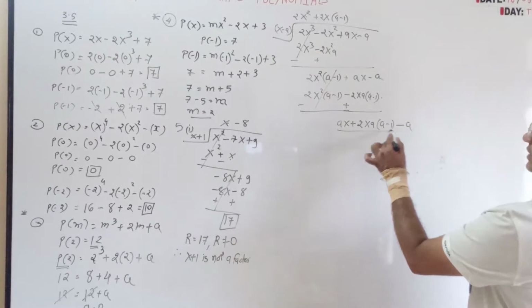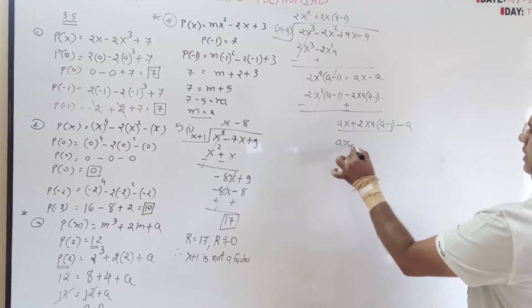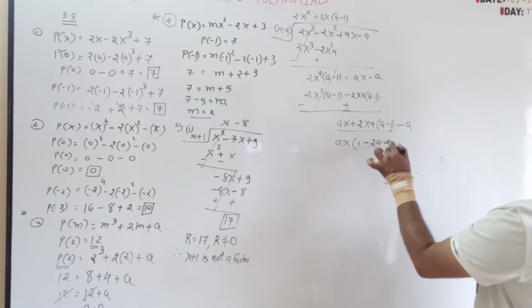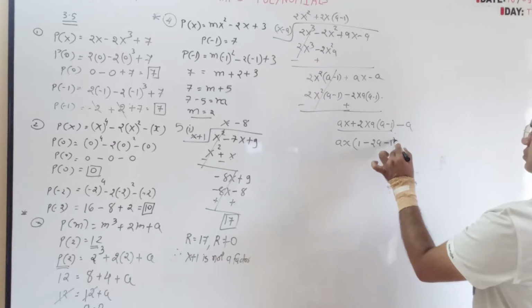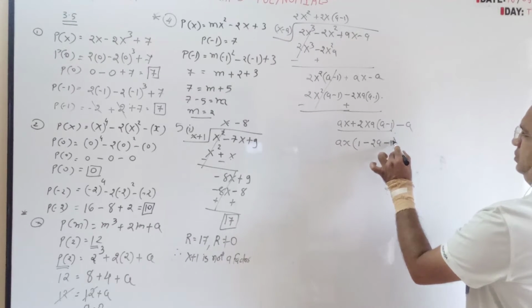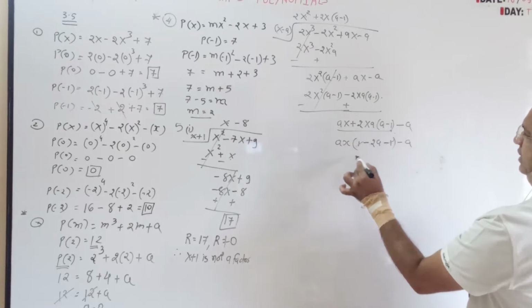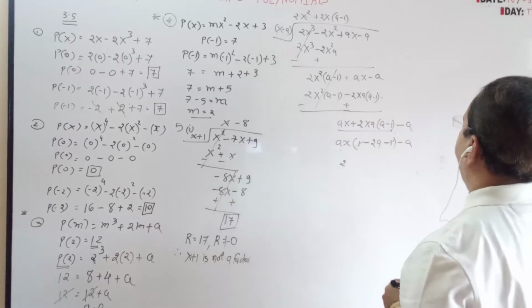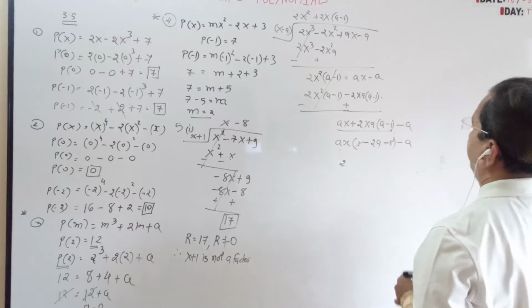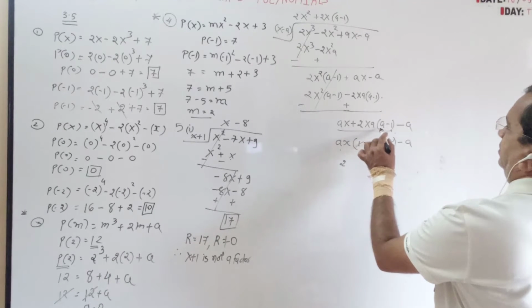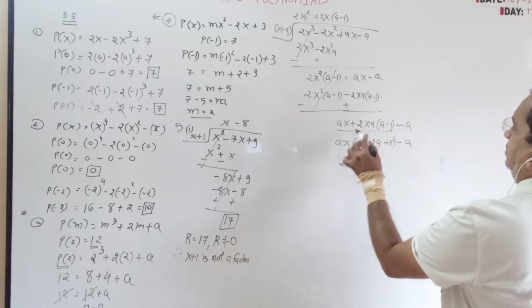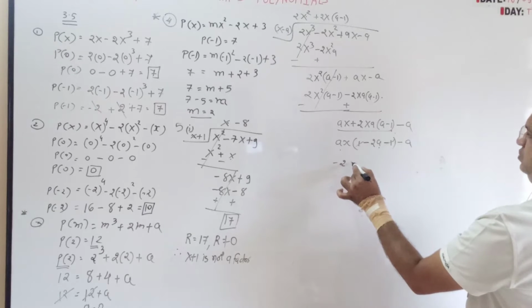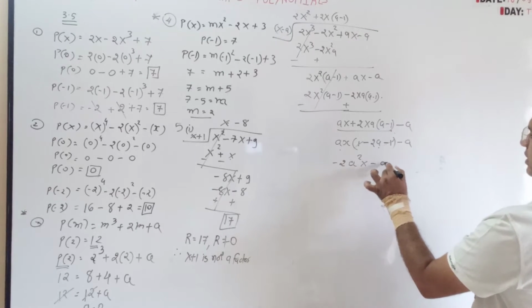So again from this I will take common x: ax times 1 minus 2a, minus 1. If this will cancel, 2 minus 2a square x minus a.